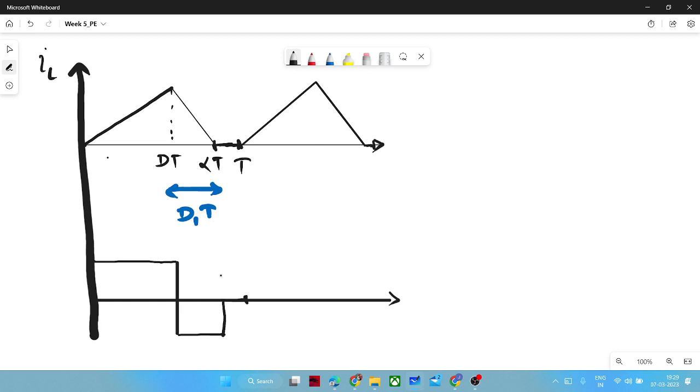That is nothing but dT plus d1T. So T minus dT plus d1T, so T minus dT plus d1 into T. So that will be 1 minus d plus d1.